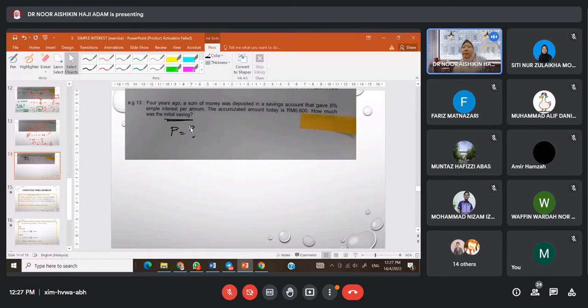Macam mana kita nak buat? I think when I introduced this chapter to you, I said if T is given in days, you need to divide by 360 or 365, because in 1 year you have 365 and a quarter days, or 366 when there is a leap year.